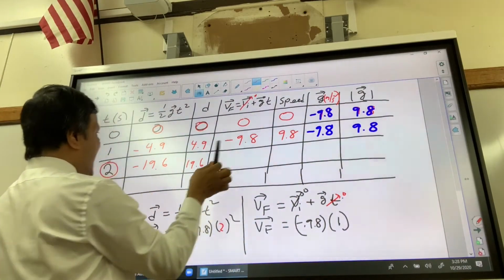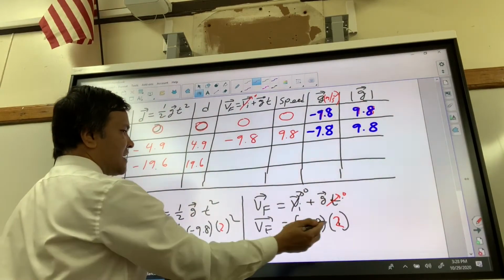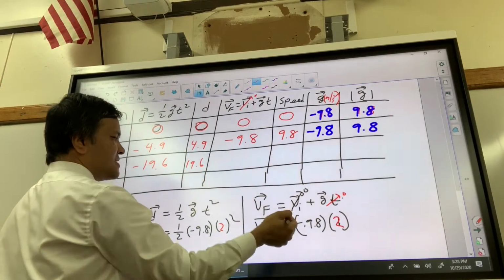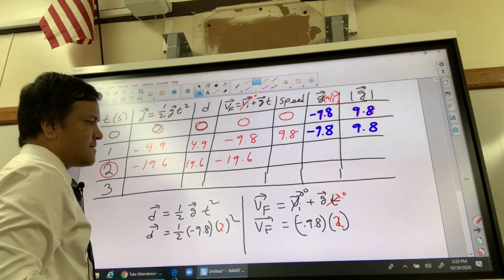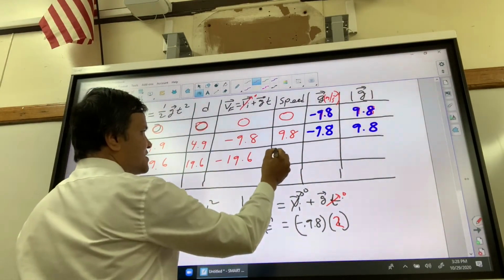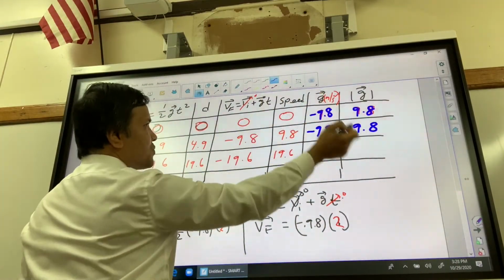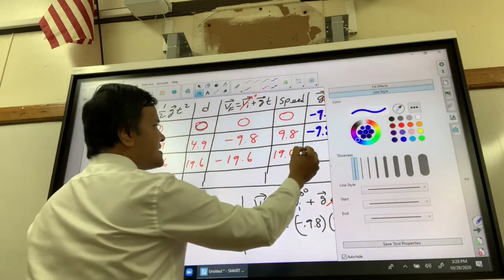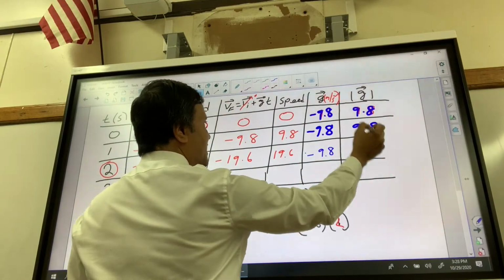For velocity, if you put 2 seconds over here, you get negative 19.6, and the absolute value of negative 19.6 is just 19.6. The acceleration due to gravity is negative 9.8, and its absolute value is 9.8.